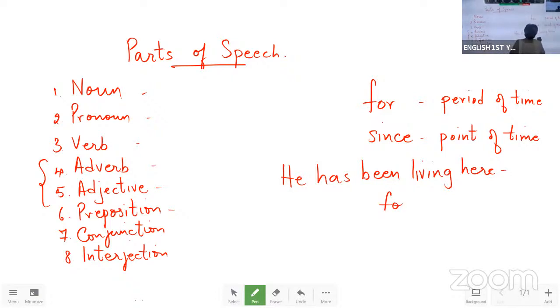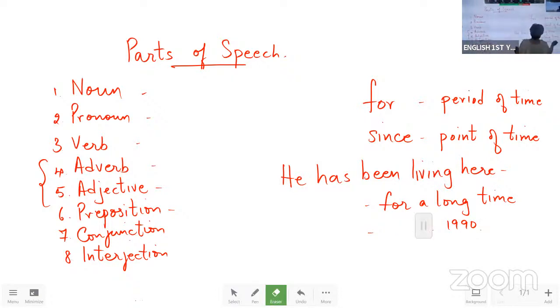For a long time, or you can say since 1990. Now, did you find the difference? For, period of time, when you don't specify the particular time. And since, point of time, when you pinpoint the time, like since 1990.